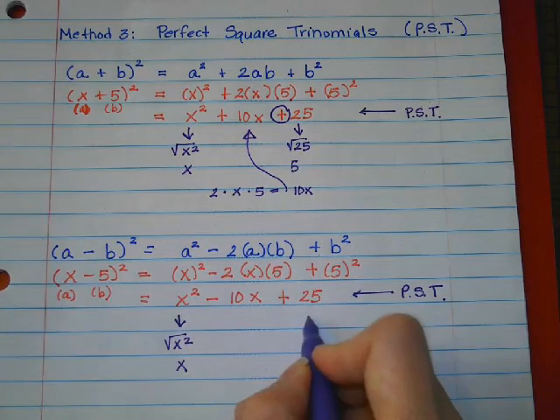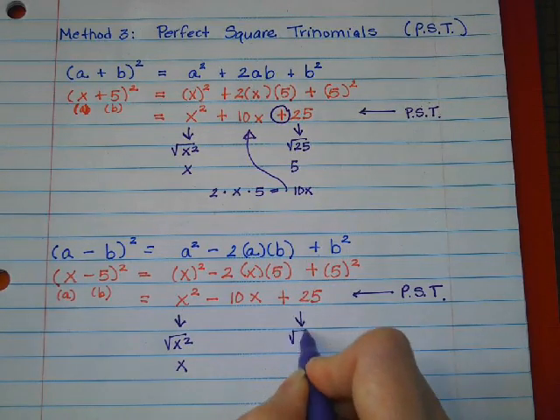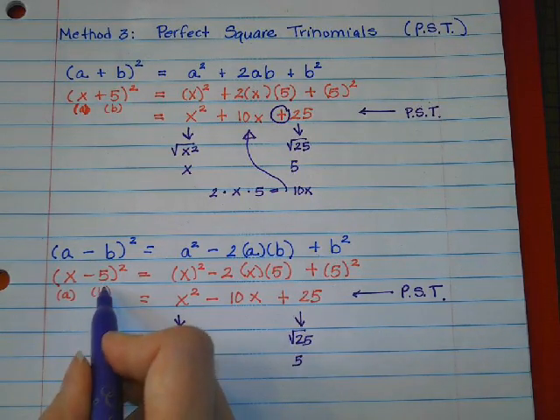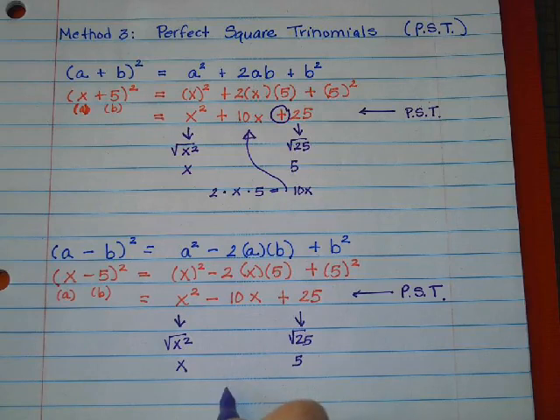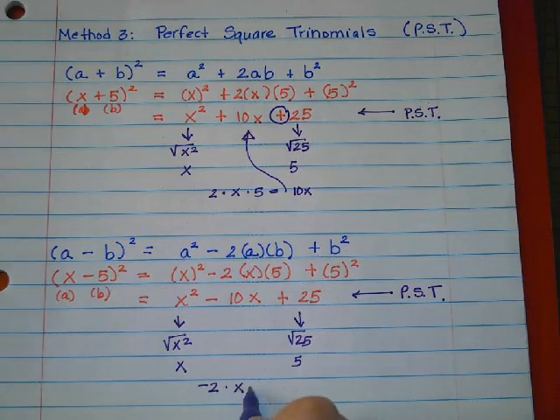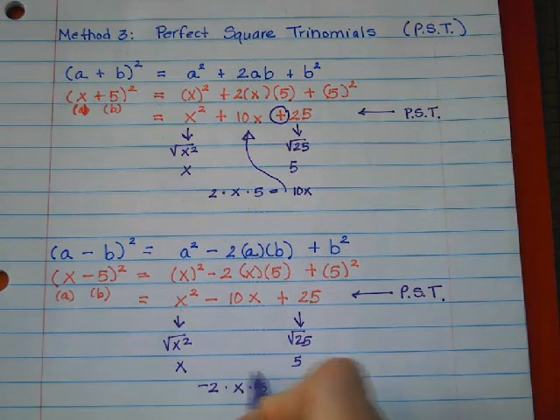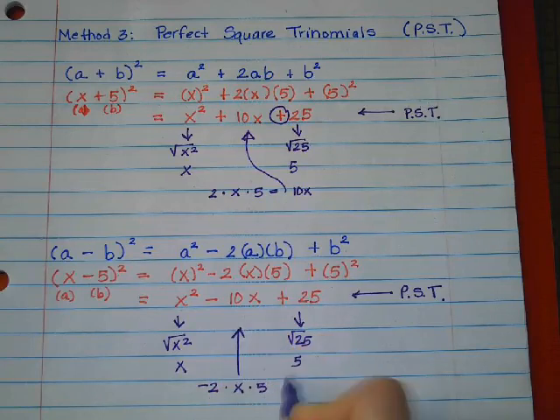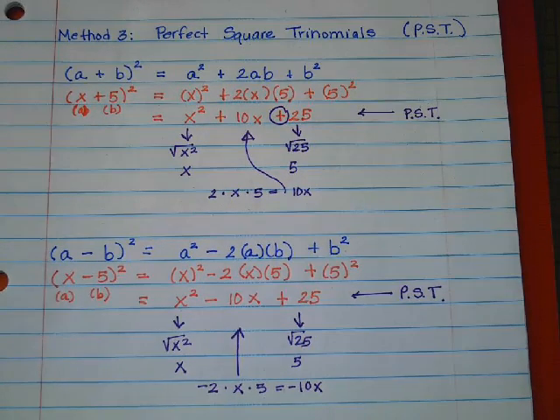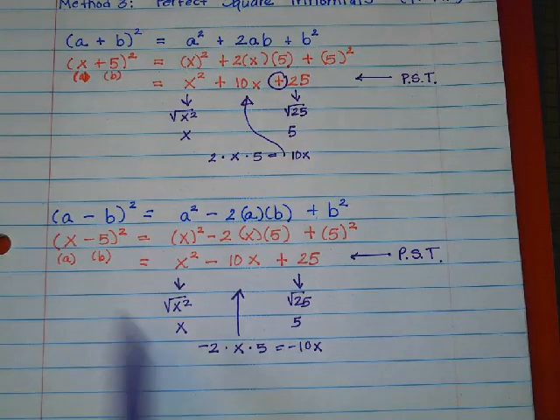Then we find the square root of 25, which is 5, and it matches our b value of 5. Then we verify that negative 2 times x times 5 is equal to our negative 10x, and it does. So indeed, this would be a PST, and if it was factored out, it'd go back to x minus 5 squared.